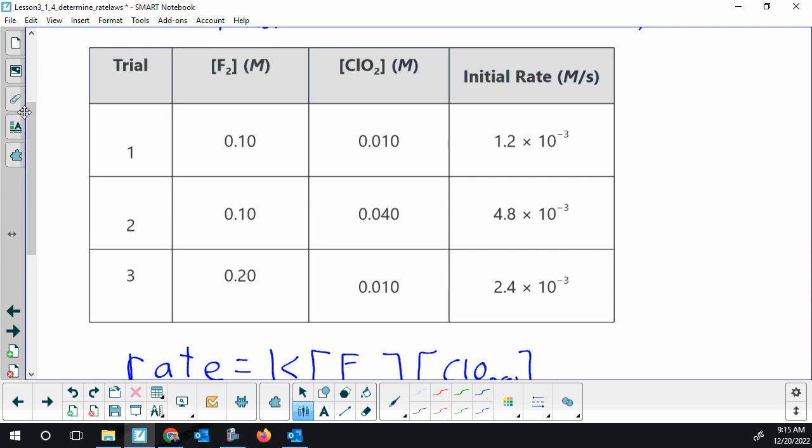So if we start with our first trial, fluorine is 0.1. There it is as a controlled variable. So we're not going to figure out the fluorine order, but we can figure out the other reactant's order. What type of concentration change do we have here? That would be 4x, 4 times bigger. So now we're going to look at our rate.